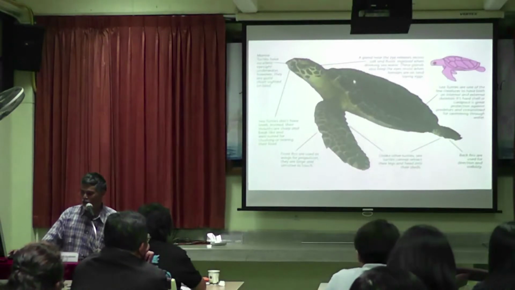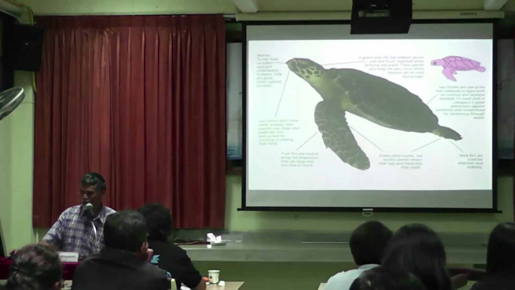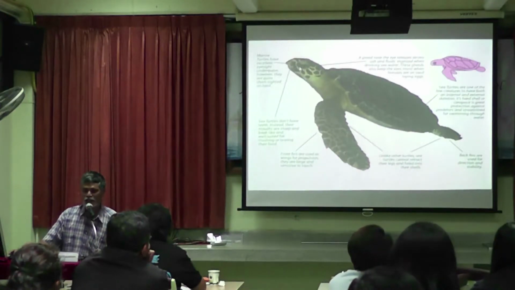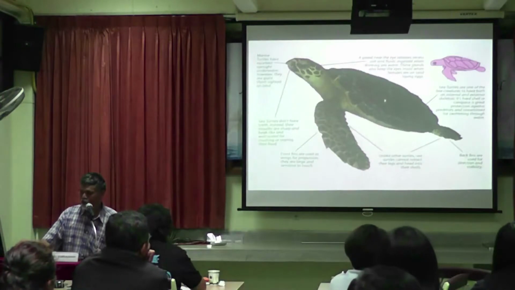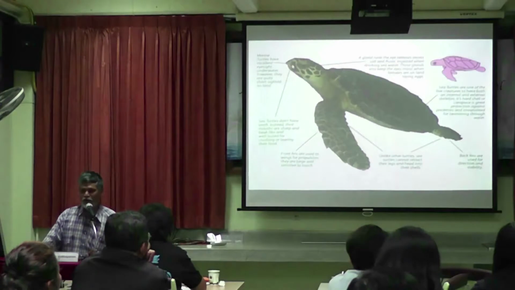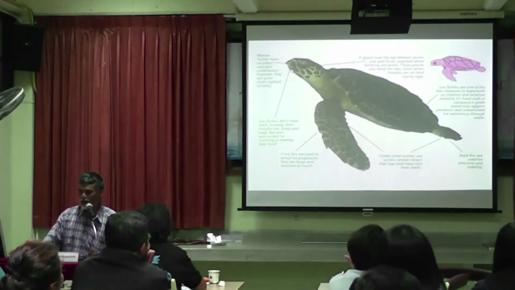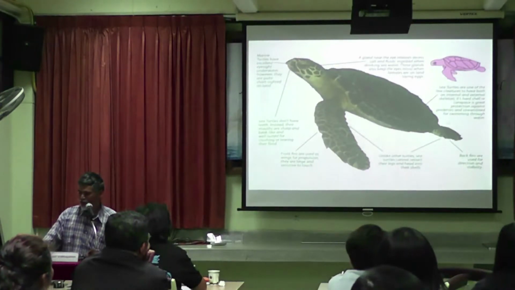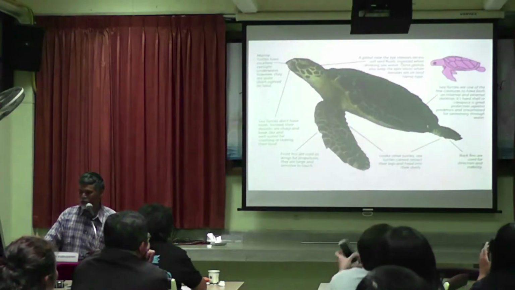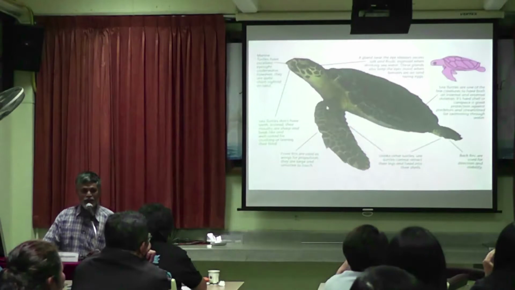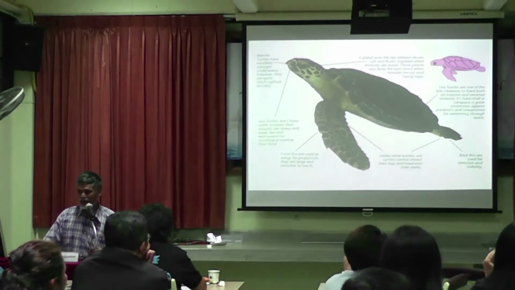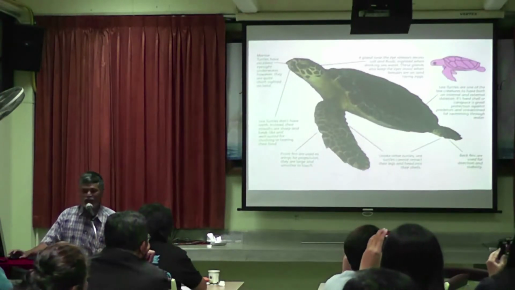Turtles have several characters, and very specialist anatomical features and morphology that you can use to identify them. They are very adapted for marine life. They have a soft body, they have fins, their feet adapted to fins, and they are the only group of turtles that cannot retract their appendages and their head into their carapace.